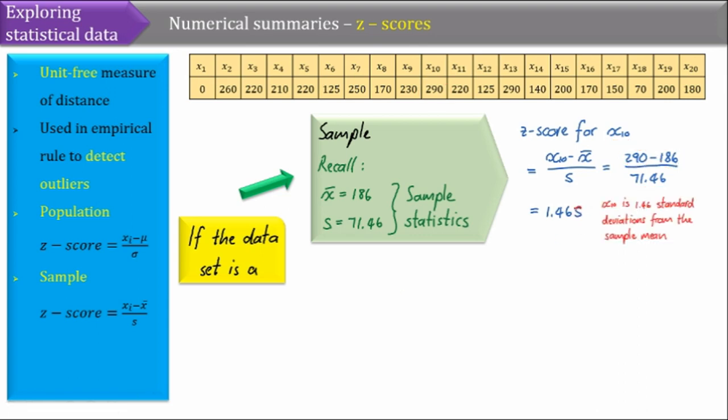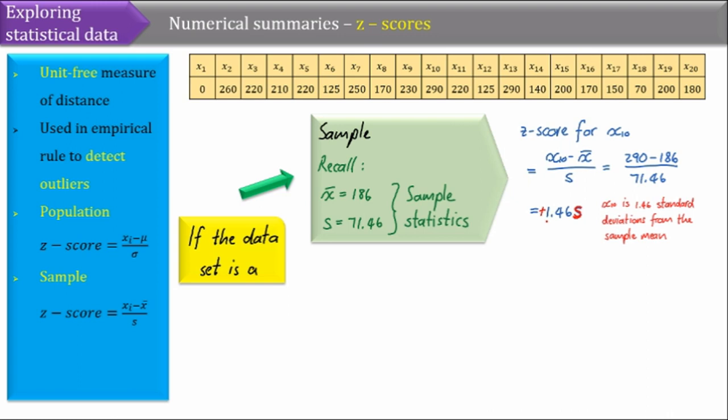And we'll say that x10 is 1.46 standard deviations from the sample mean. The fact that 1.46 is positive means that x10 is 1.46 standard deviations above the sample mean. If this was negative 1.46, then it would mean that x10 is 1.46 standard deviations below the sample mean.